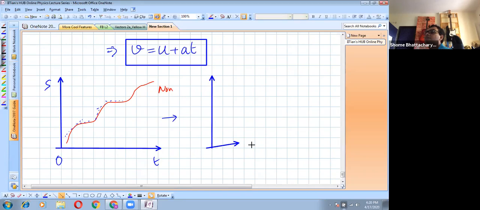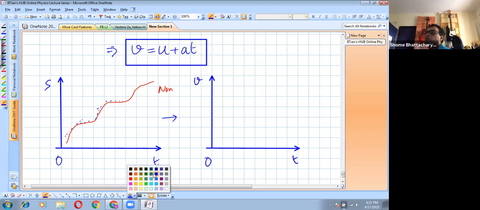If my displacement versus time graph does not have a fixed slope, or even a fixed curvature, then the velocity versus time graph is also increasing and decreasing non-uniformly. The velocity is doing something like this.